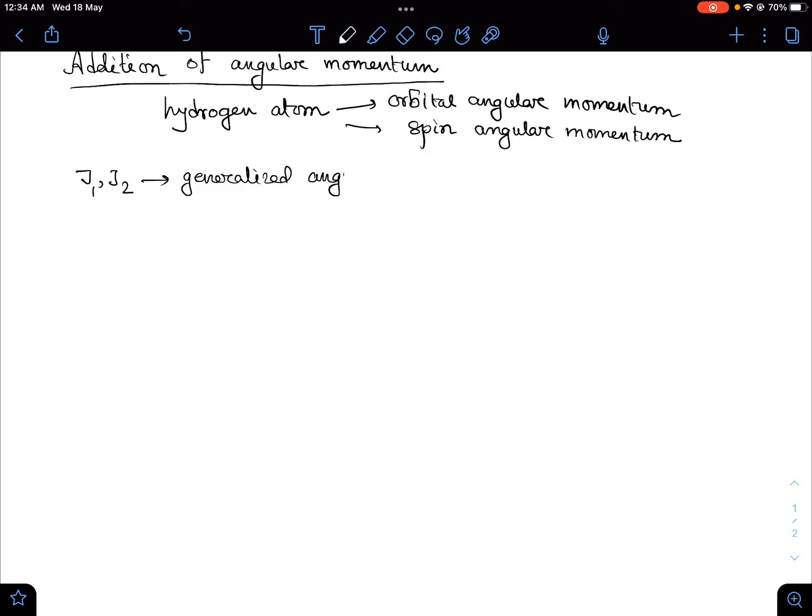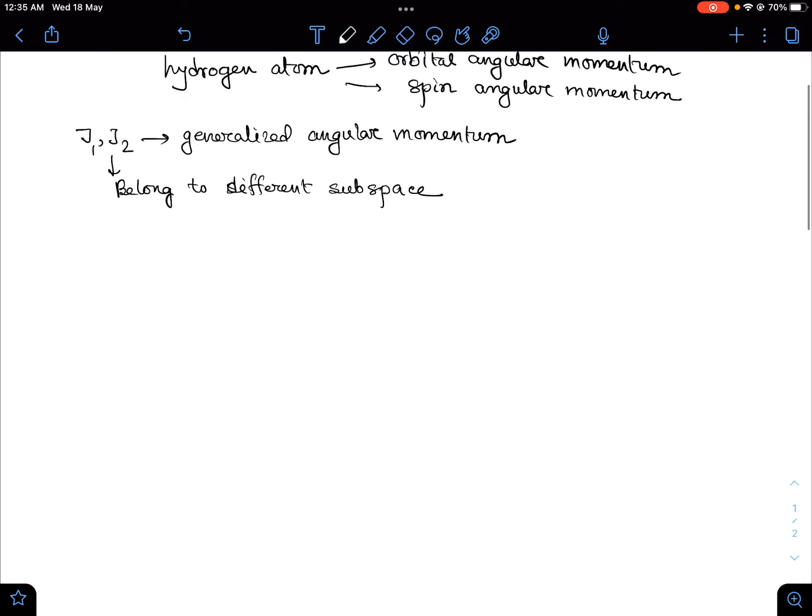They can be orbital angular momentum or spin angular momentum, and they belong to different subspaces. That means they can be of different particles.